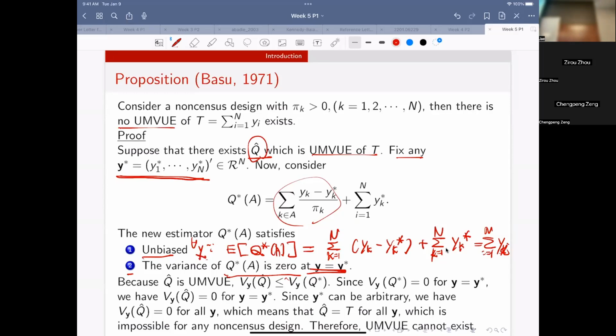So this one is unbiased for one value of population, and basically this guy is zero for this particular value.